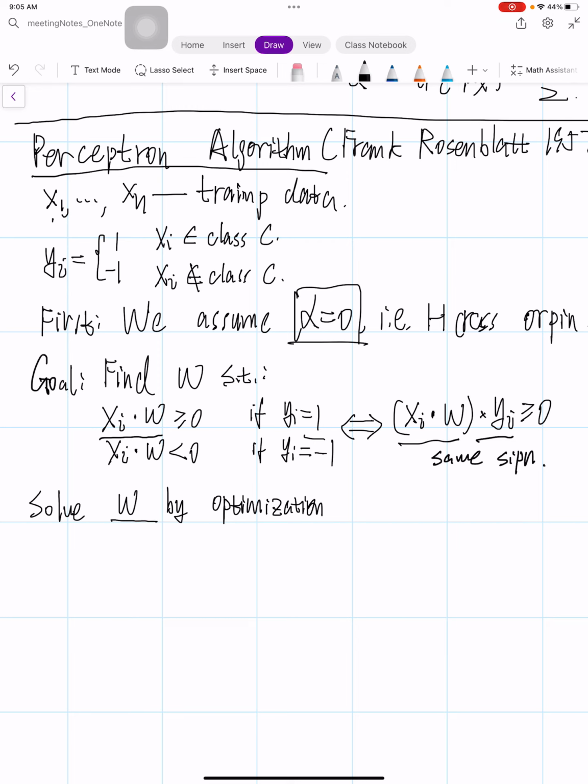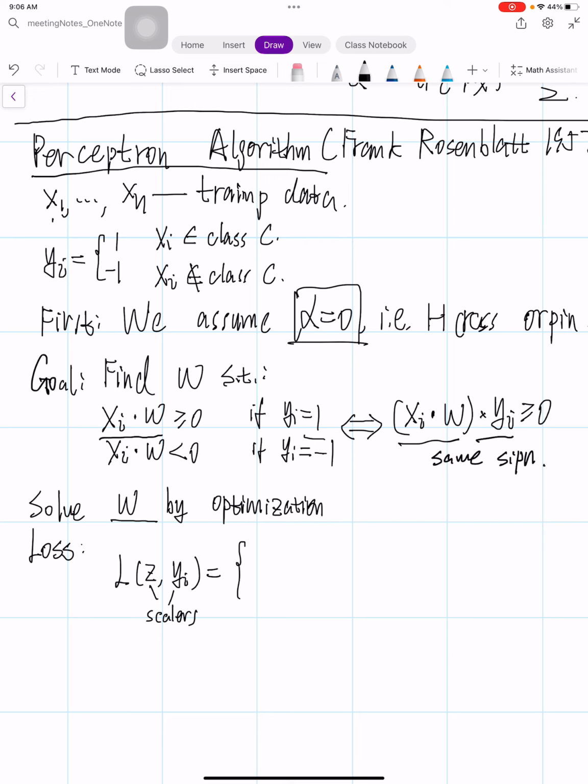But if you want to solve by optimization, we need to have some loss function. We define the loss function L(z, y), where both are scalars, as follows.